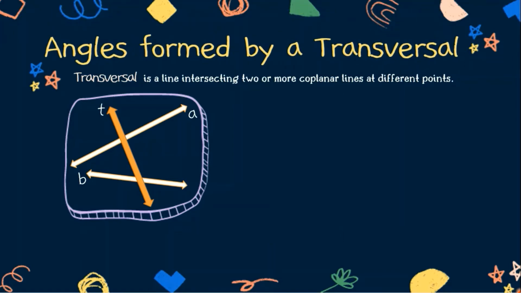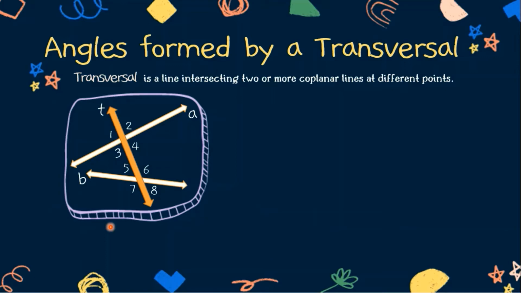And there are some angles formed by a transversal. When 2 lines are intersected by a transversal, may mga angles tayo na pwedeng mabuo. We have 1, 2, 3, 4, 5, 6, 7, 8.